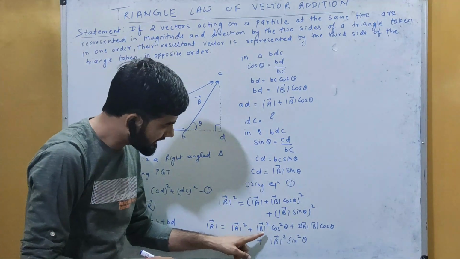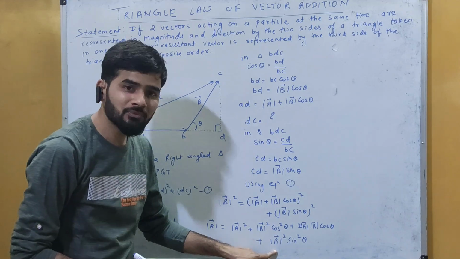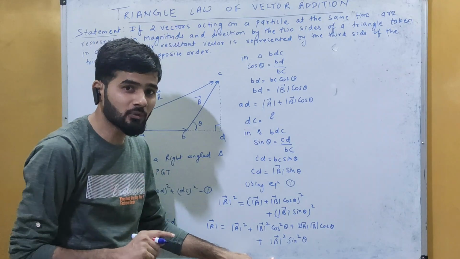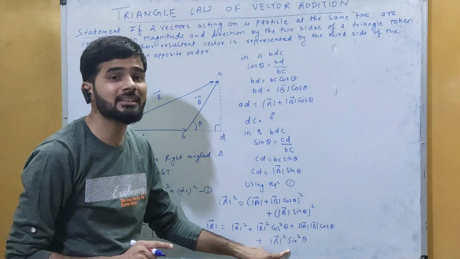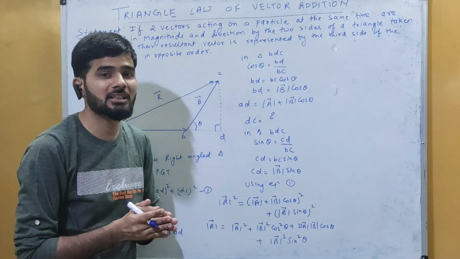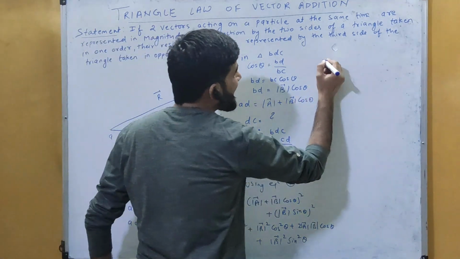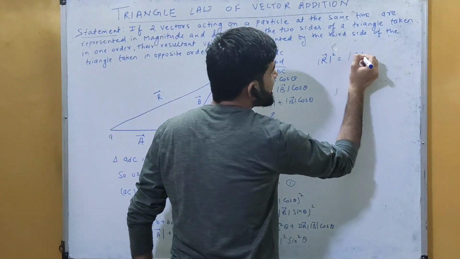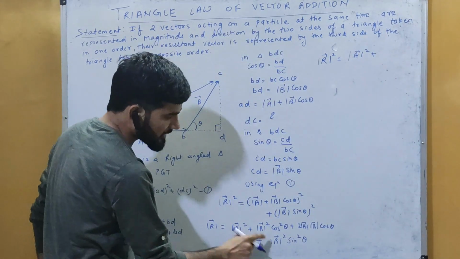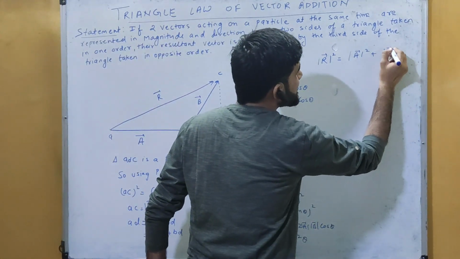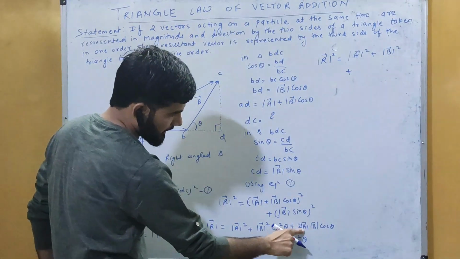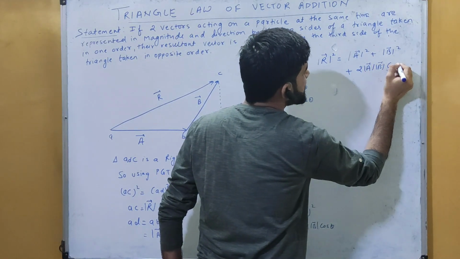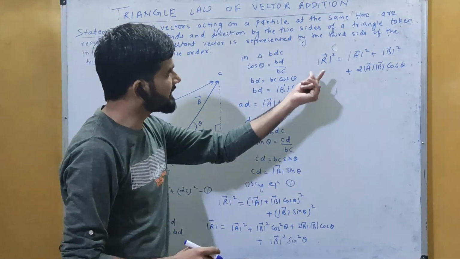Okay, and here if you see this B square cos square theta and B square sin square theta, if I take B square common from here, then what will remain? That is cos square theta plus sin square theta, and cos square theta plus sin square theta is equal to 1. So here I can write this vector R square is equal to vector A square plus, from these two, what will remain? B square will remain, that is B square, plus the remaining will be 2AB cos theta. Okay, so this is R square.